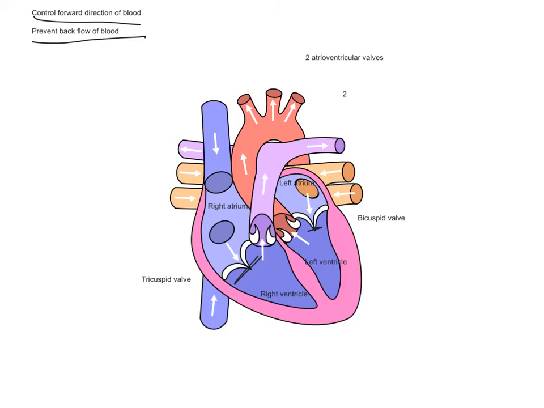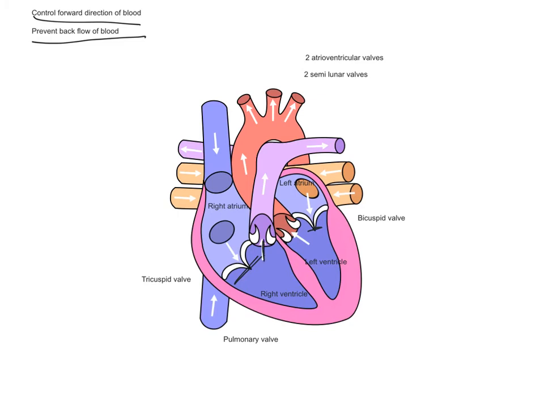The 2 remaining valves you can see are called semilunar valves, or SL valves. The right semilunar valve is called the pulmonary valve, which is located just here.